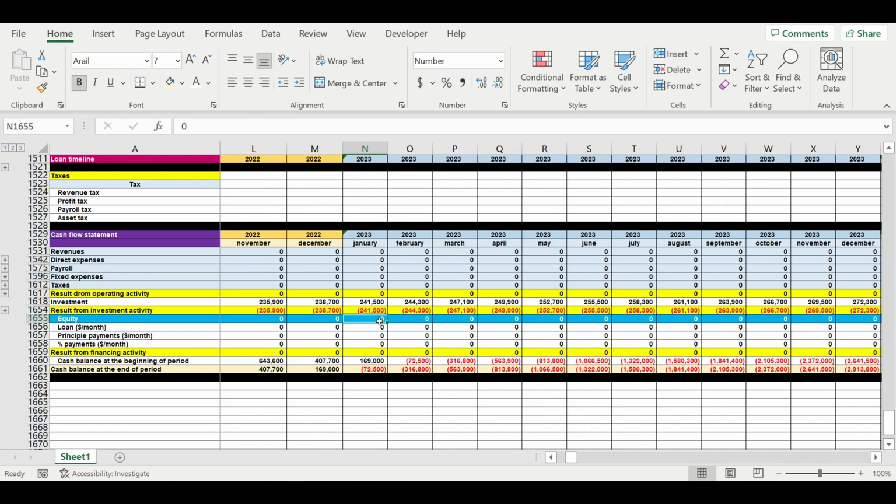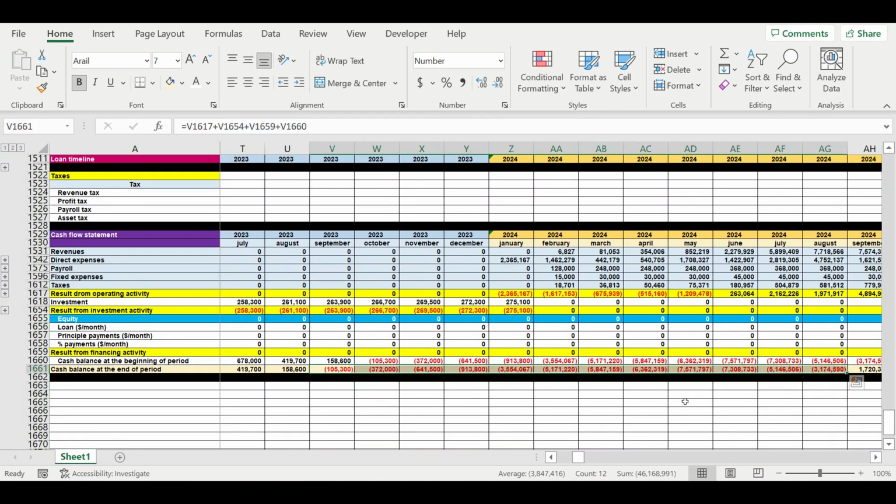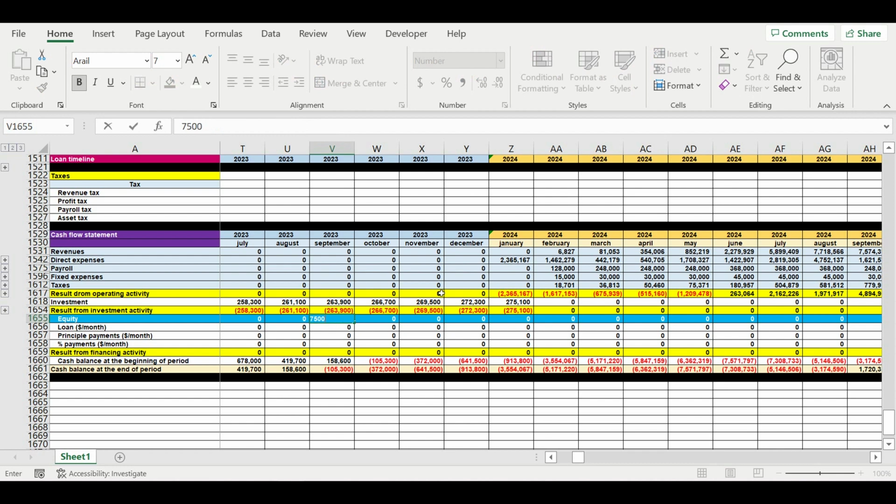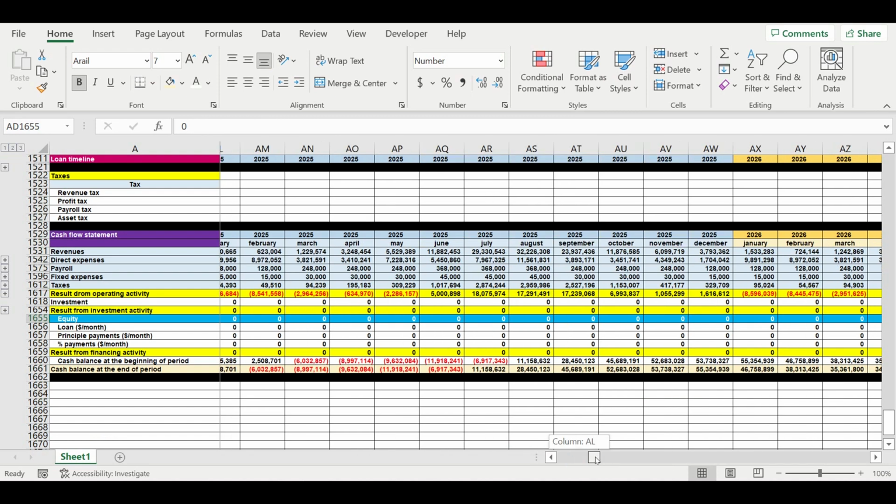Then we take another portion of financing, for example another 2 million. Moving forward, we can see here 7.5, so we just take 7.5. Here we can see the last negative value, I hope.